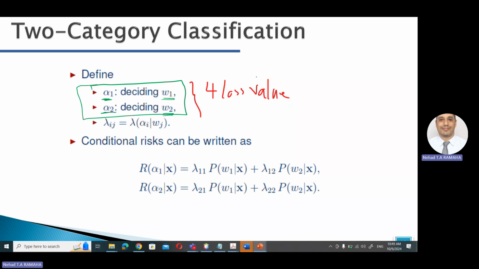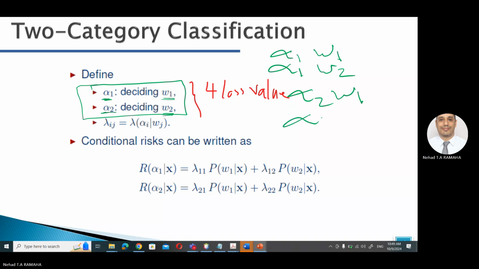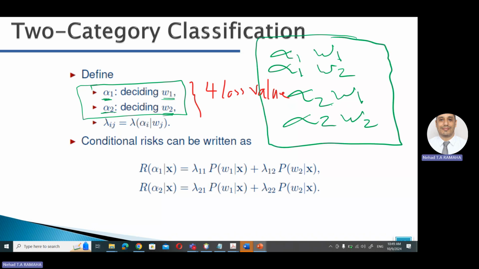Let's try to understand it. We have 2 actions and 2 categories. So taking action 1 with category 1, taking action 1 with category 2, taking action 2 with category 1, taking action 2 with category 2. So 4 different values for the losses.